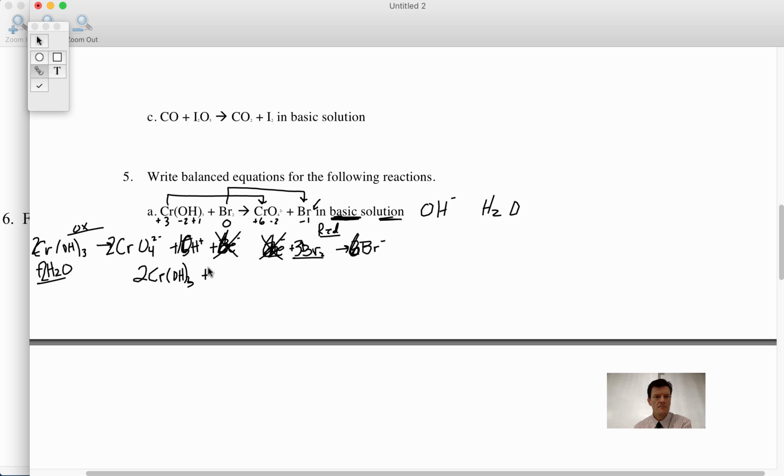My water. And my Br. And then I want to write down all the products.